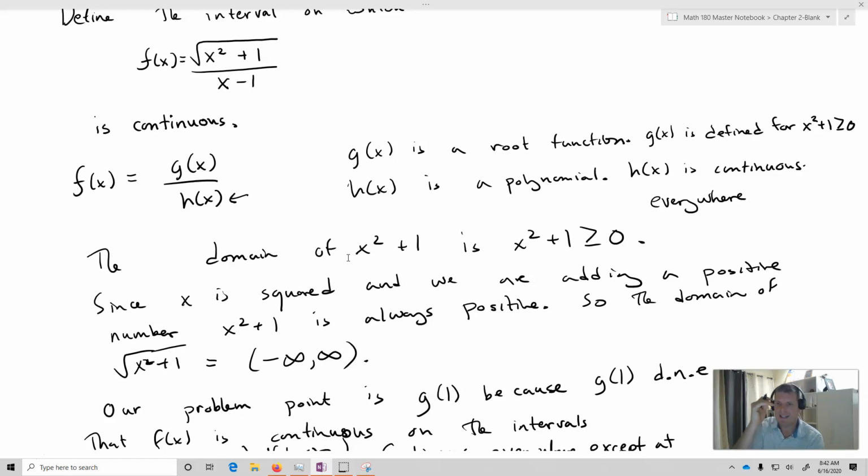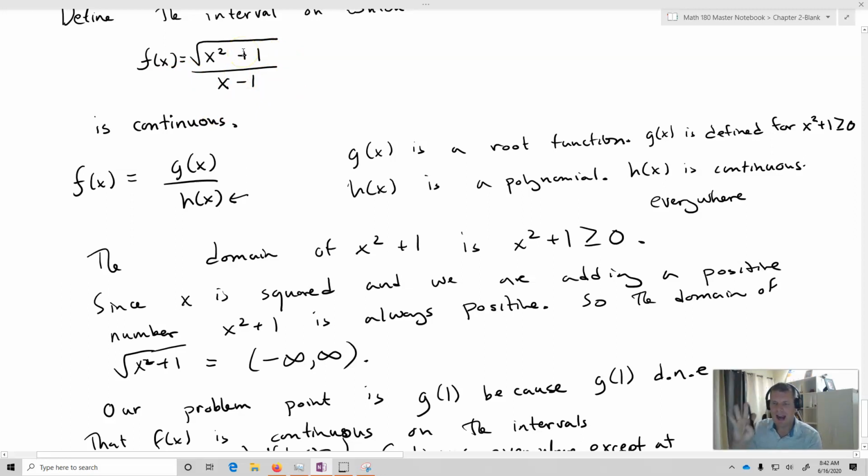G of x is a root function, which my previous theorem says is continuous everywhere on its domain. Its domain is when x squared plus 1 is greater than or equal to 0, which just happens to be everywhere. You've got to test that, to see where that actually gives you greater than or equal to 0. The bottom is a polynomial. It's defined everywhere. So since it's defined for all values of x, we're good there.